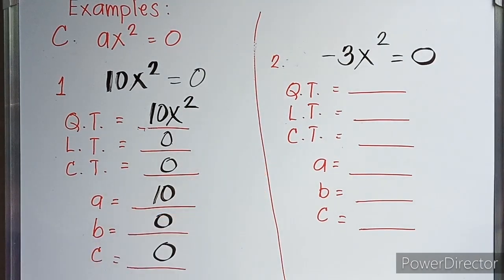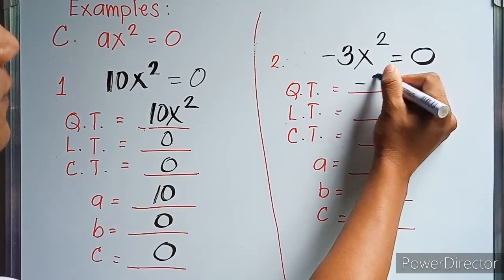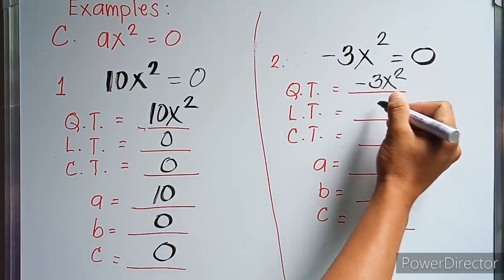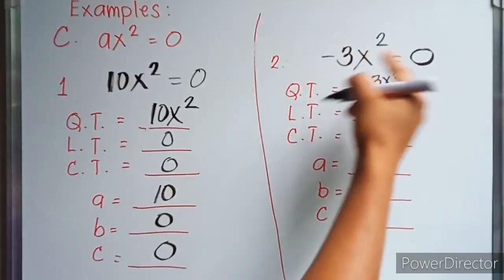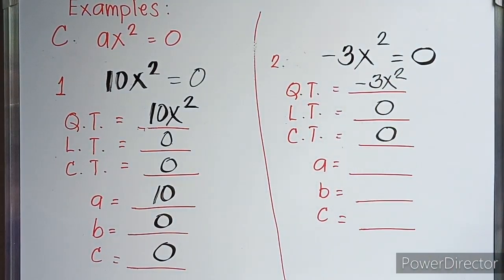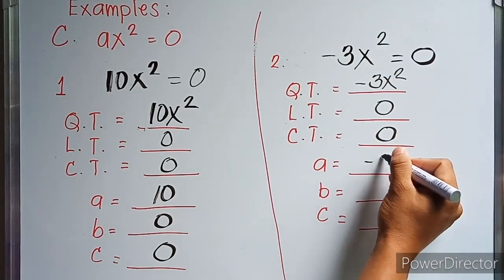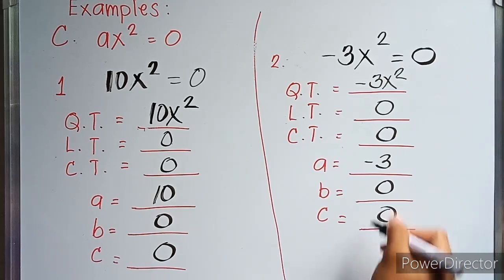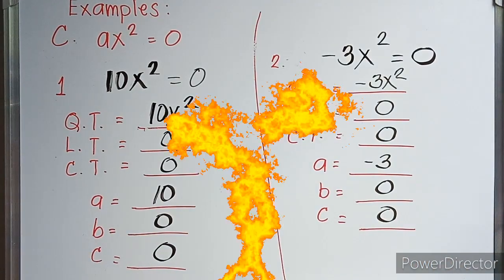Our quadratic term will be negative 3x squared. We don't have the linear term. We don't have the constant term. Okay, and for our coefficients, a will be negative 3, b will be 0, and c is also 0.